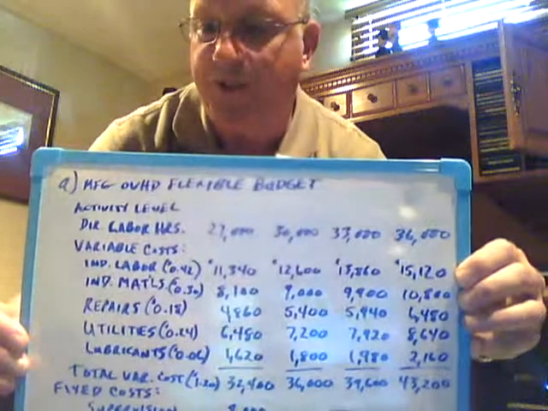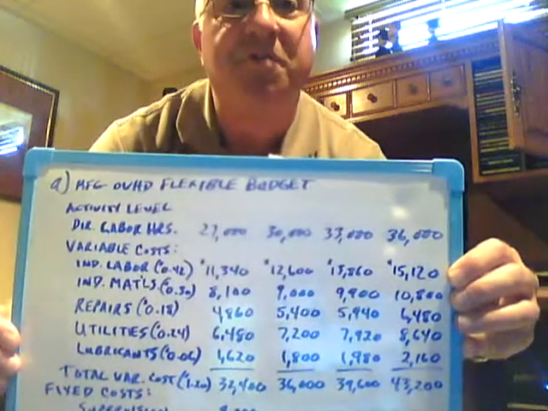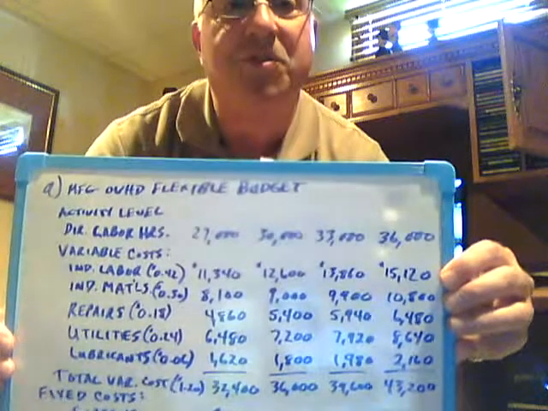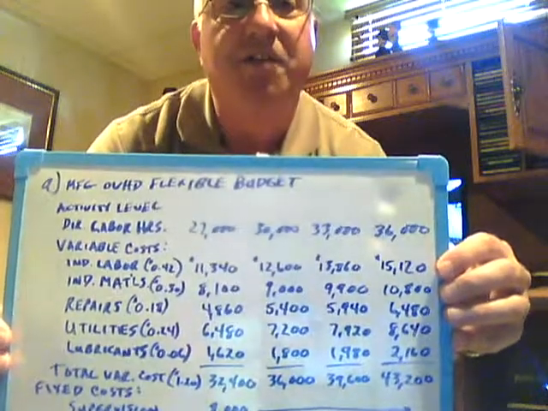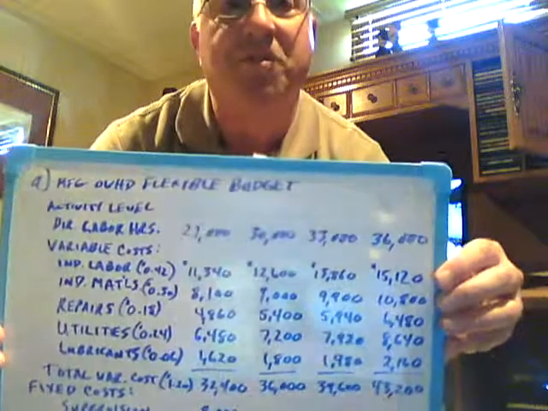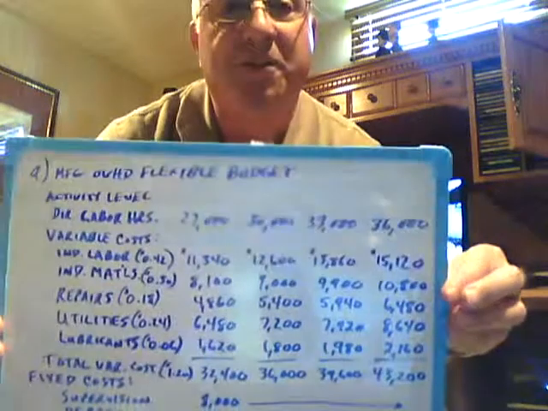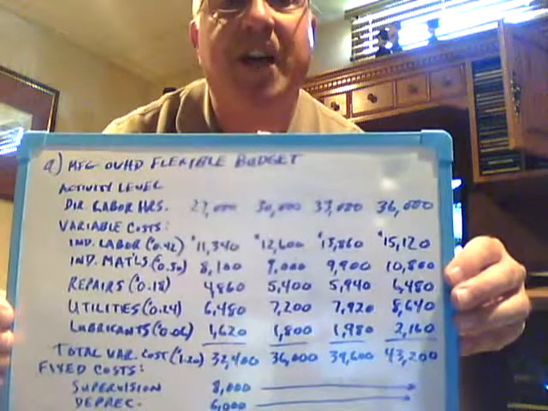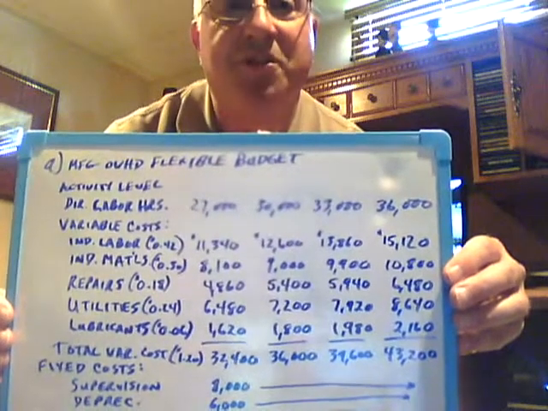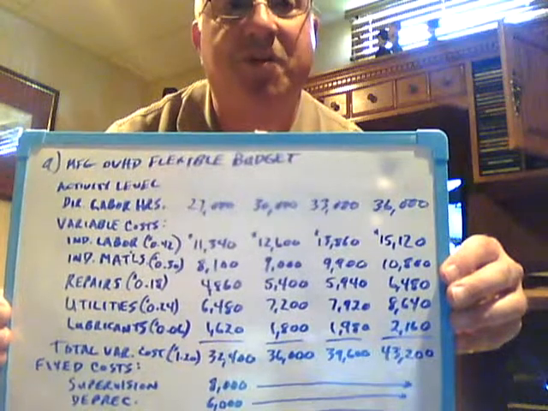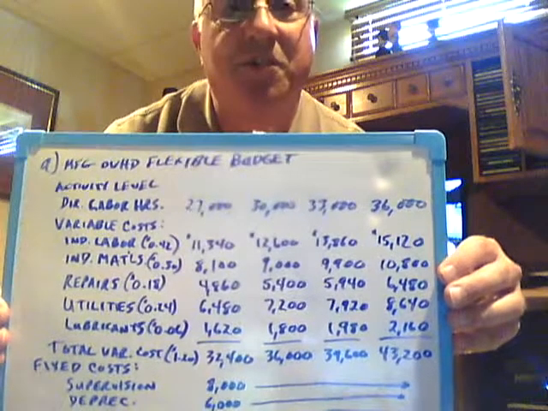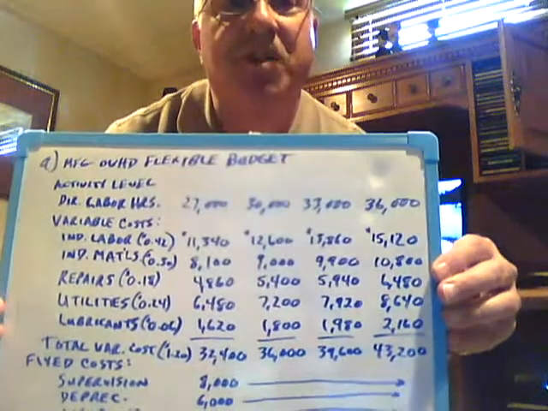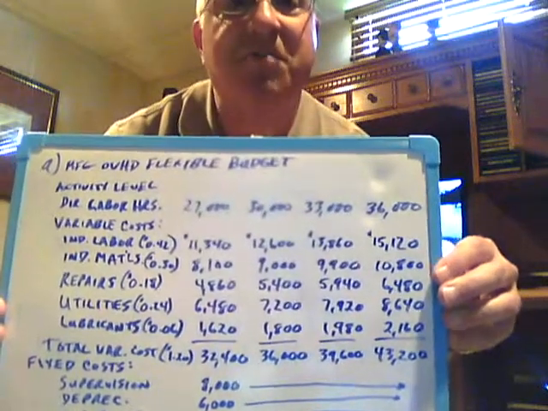And we're going to look at those calculations in just a minute. Once you do that, you have the basis to multiply that cost per hour times the number of hours, and then you can get the total cost per month for each of these variable costs at each level of production. Once you have that unit cost per hour, then you can determine what the total variable cost should be at each of these levels. So that's the beauty of a flexible budget.